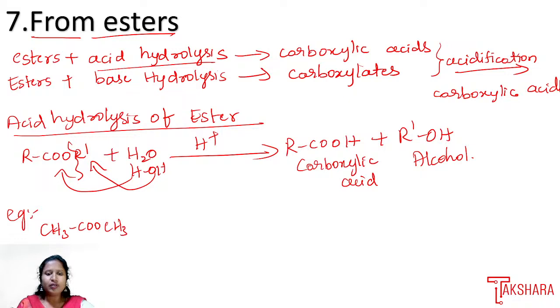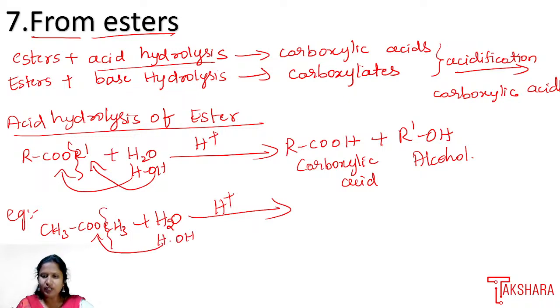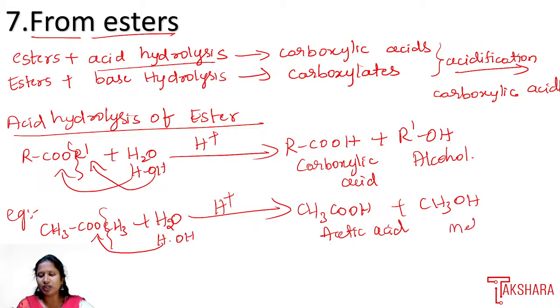When it undergoes hydrolysis in the presence of acid medium, what happens, the product with H2O. In water there is H and OH, so H combines here, it splits, and we will get the product CH3COOH, which is acetic acid, plus CH3OH, which is called methanol.